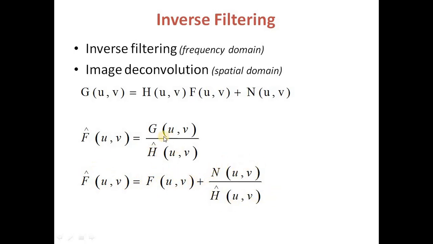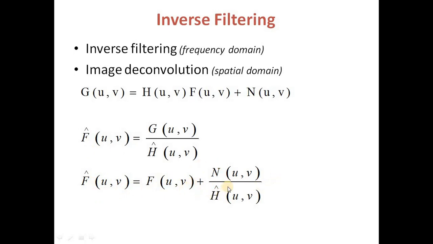So even though the estimation of the degradation function is very good, the restored image is close to the original image, but it is the original image plus some quantity. So the restored image is still not degradation free. It still has some amount of degradation in it.